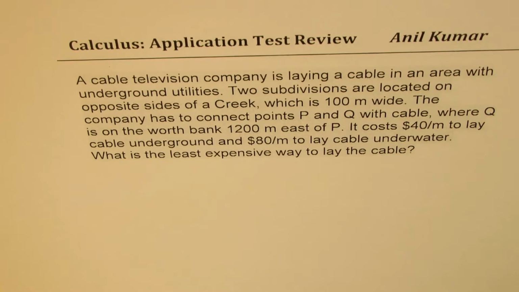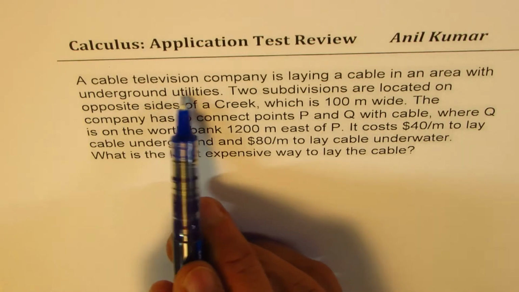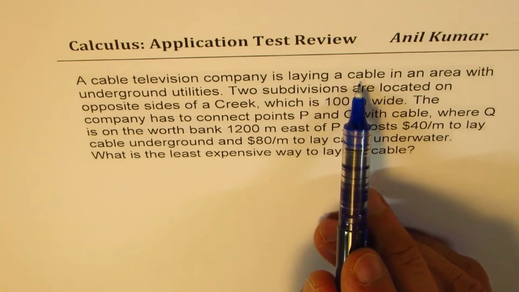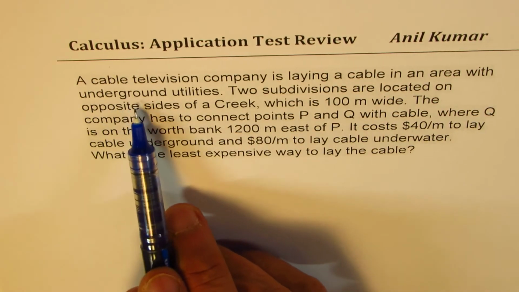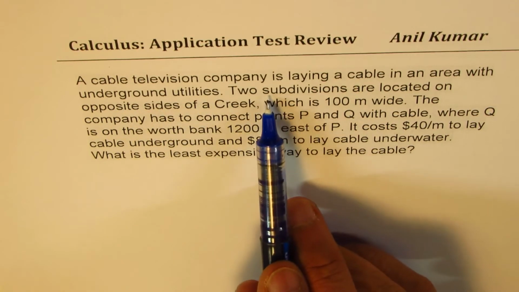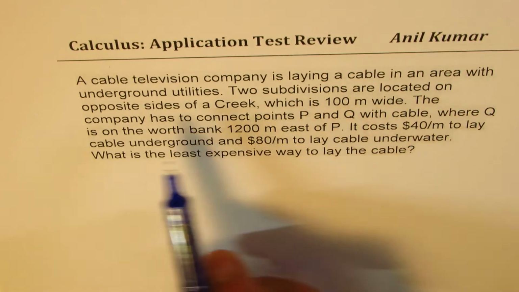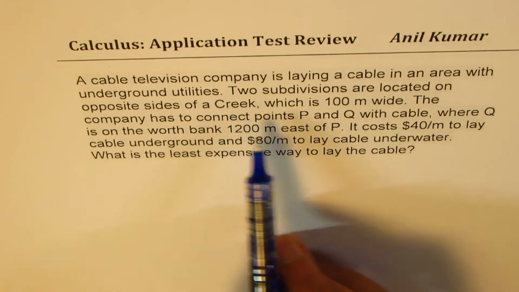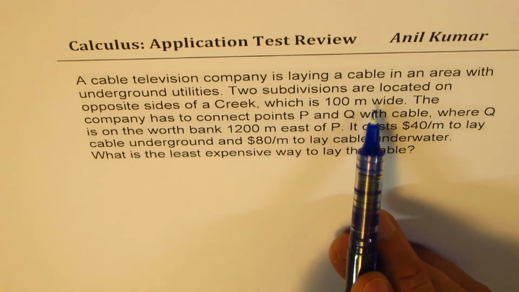The next question here is, a cable television company is laying a cable in an area with underground utilities. Two subdivisions are located on the opposite side of a creek, which is 100 meters wide.